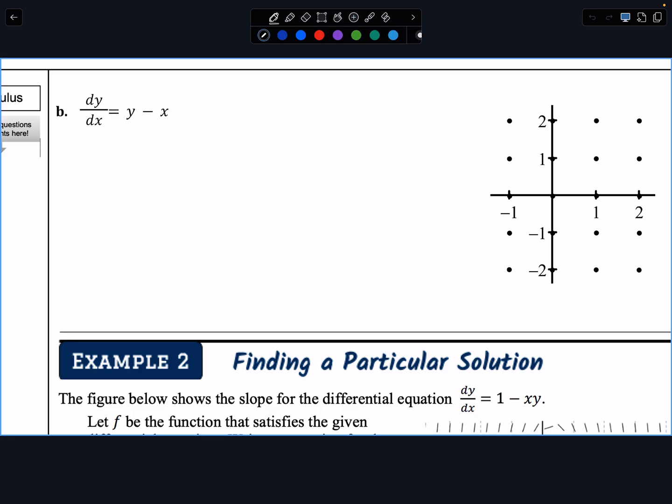I'm going to make a column for x. If I look at my graph, where does the x-axis begin? -1, so I'm going to make a row for -1, 0, 1, and 2.